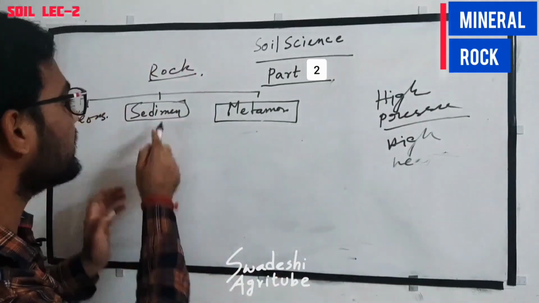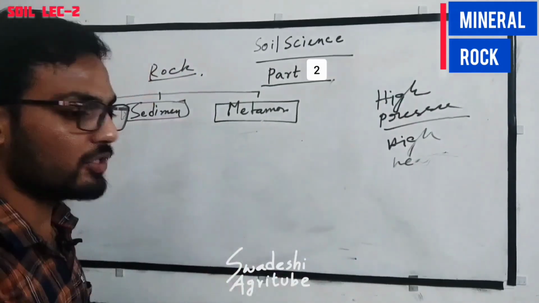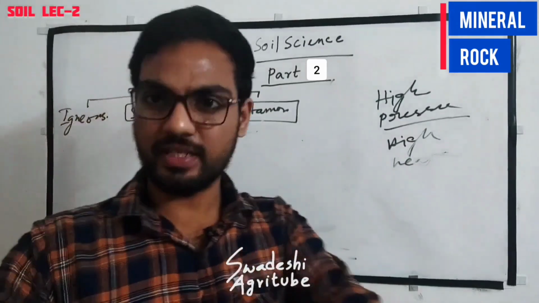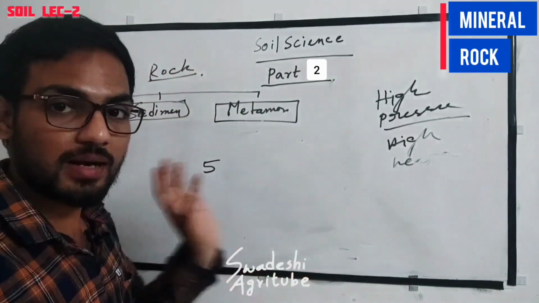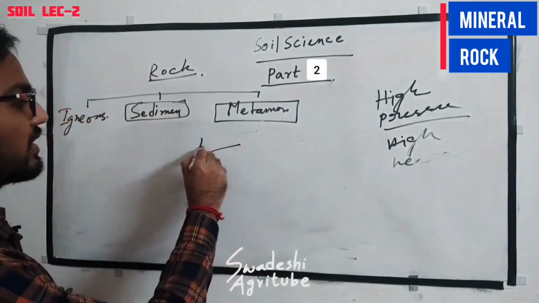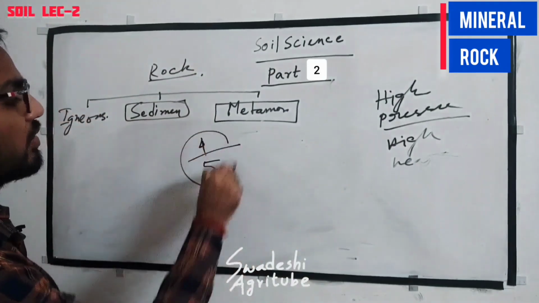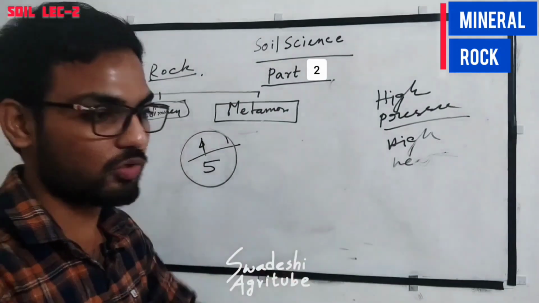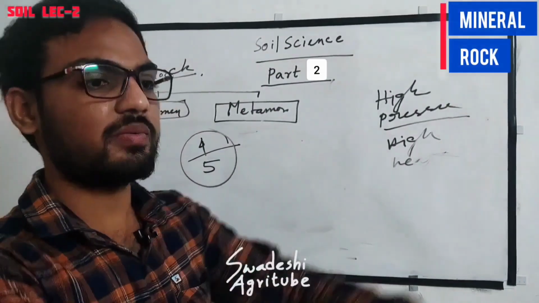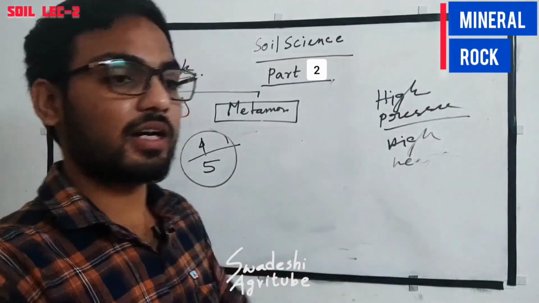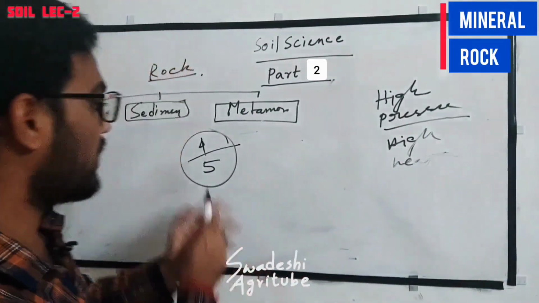Now another interesting fact regarding sedimentary rock is that of the rock you actually see in your daily life, if we look at the ratio, 4/5 will be sedimentary rock. The rocks you are visualizing, the maximum are sedimentary rock, 4 out of 5. But this is by volume.